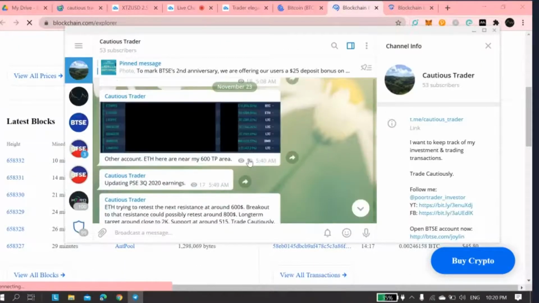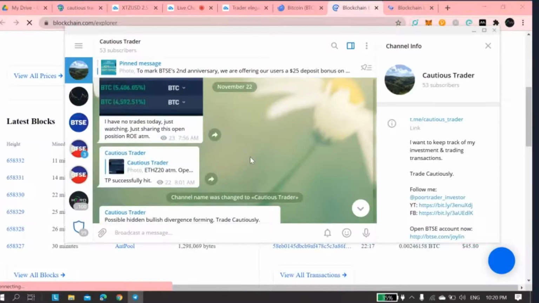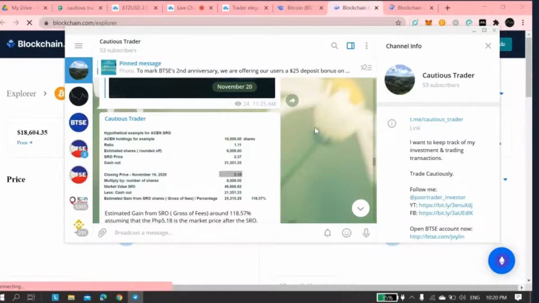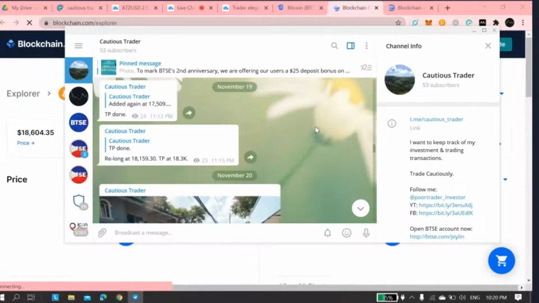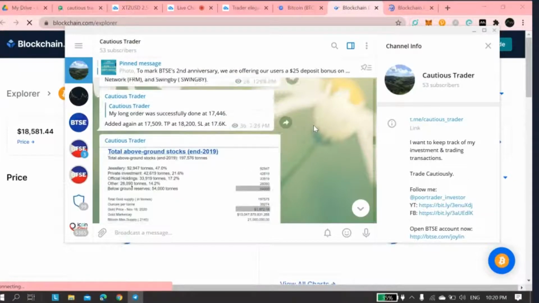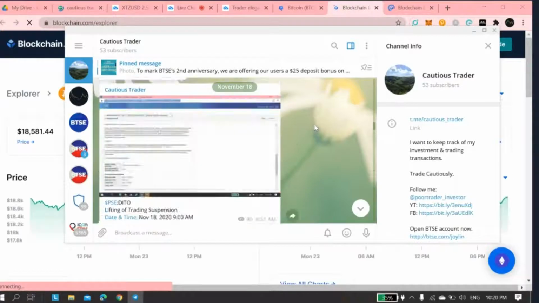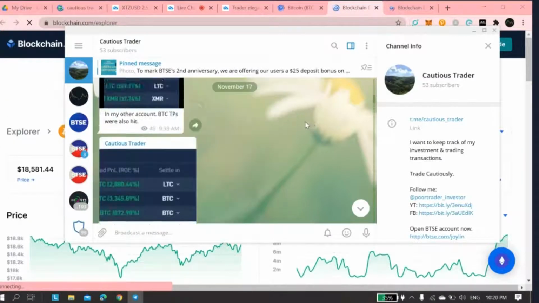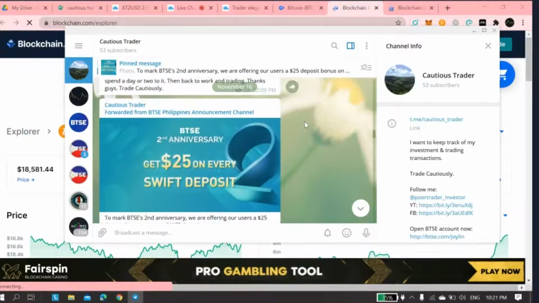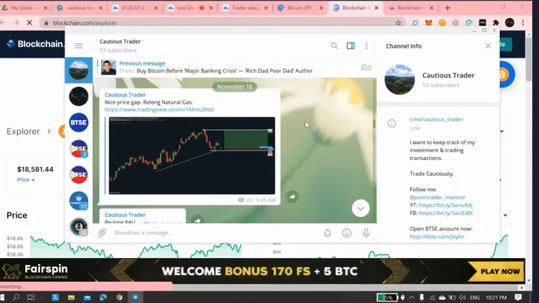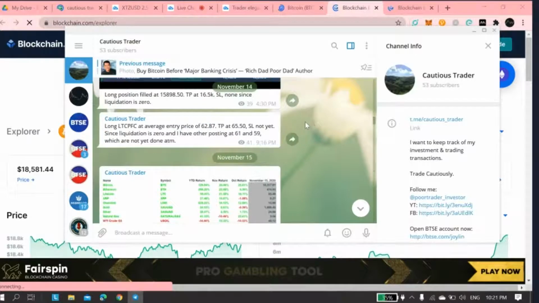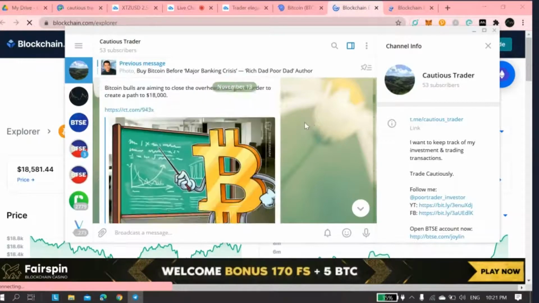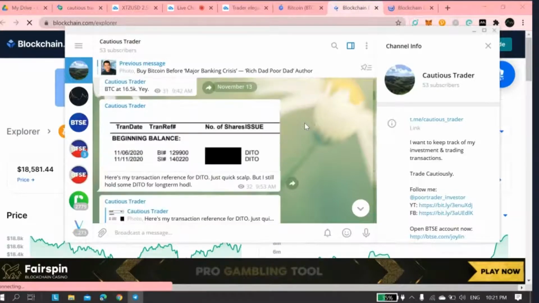Let me just try to locate it since it's very slow in loading. So no, not that. So the number of... I almost forgot where it is.